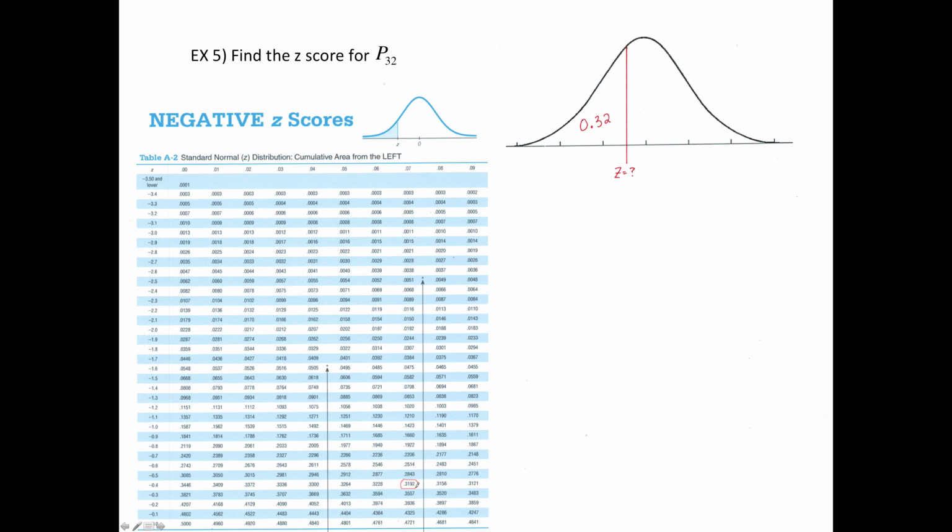This is the closest to 0.32, 0.3192. And then the z-score would be, go this direction, it's going to be a negative 0.4. Go this direction, and it ends with a 7. So that's the z-score, negative 0.47.